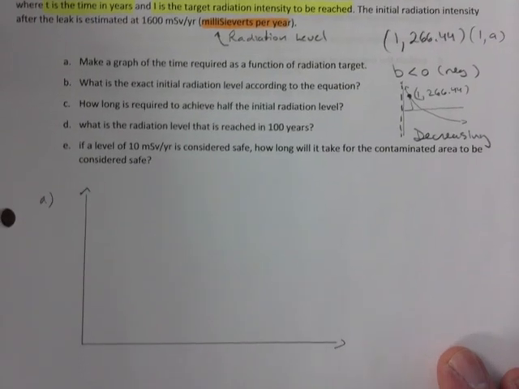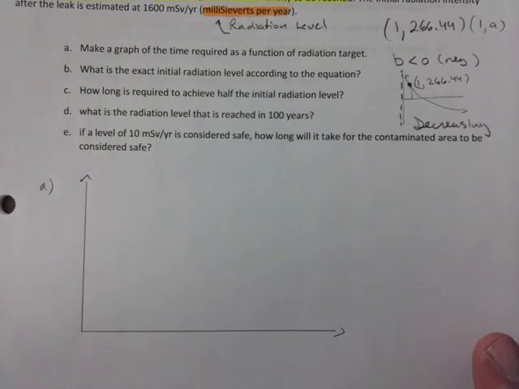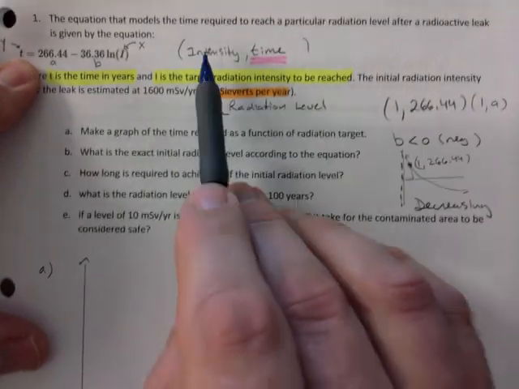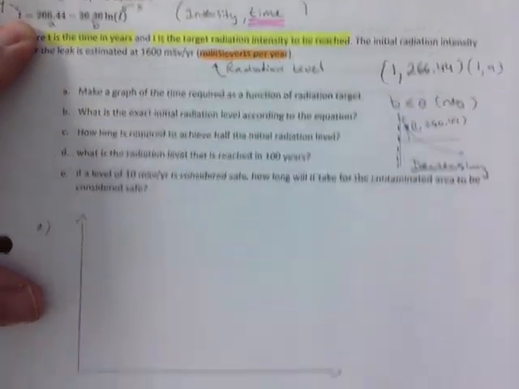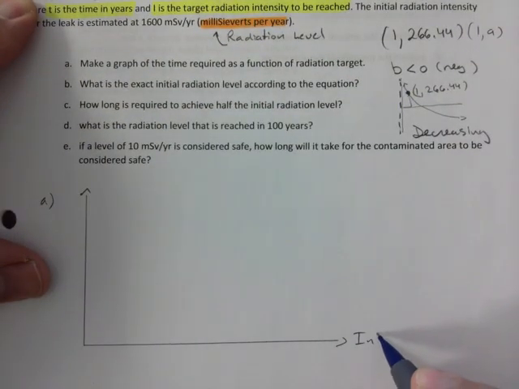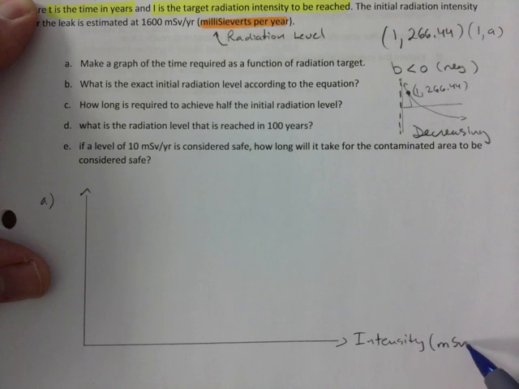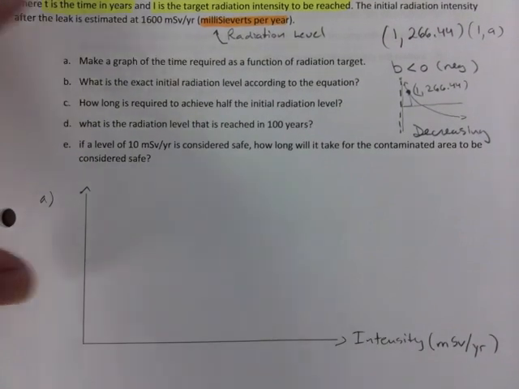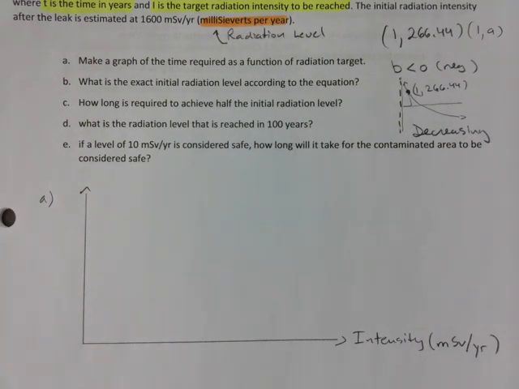What's on the x-axis? It's not time. What did I determine way up here? Intensity. And this is mSv per year. Okay, that's just the unit that this question is using, and so that's what I'm going with.